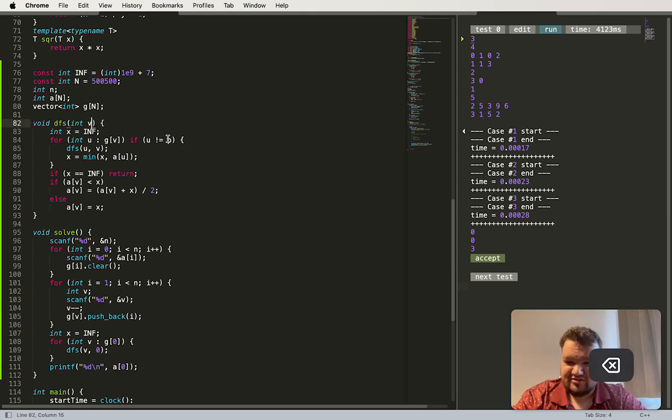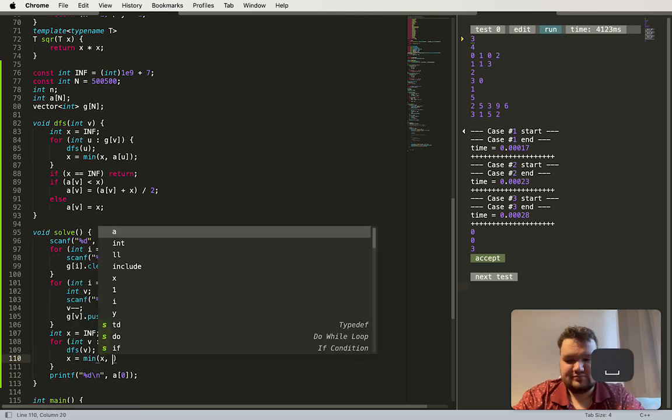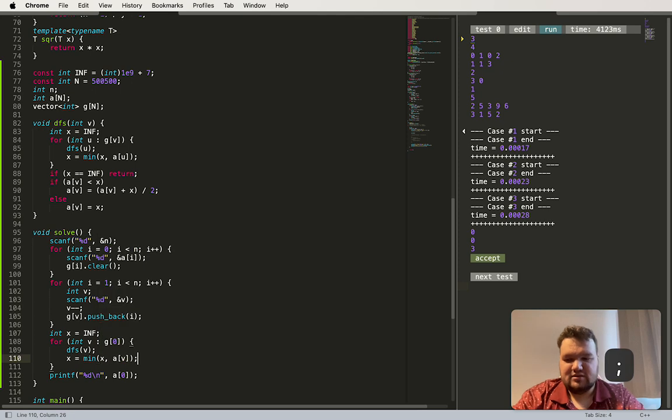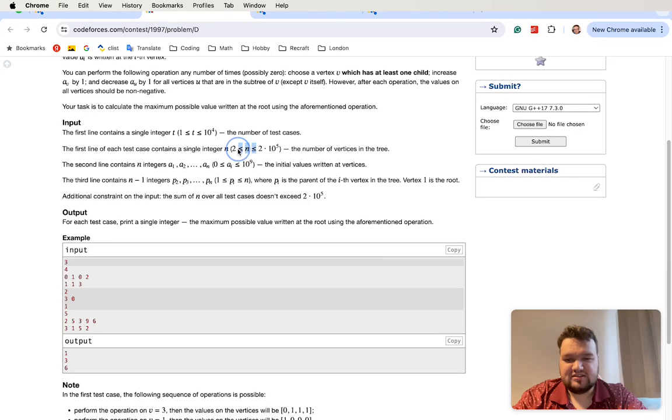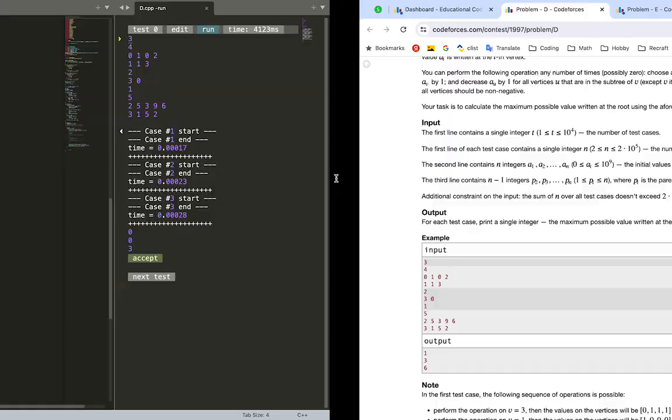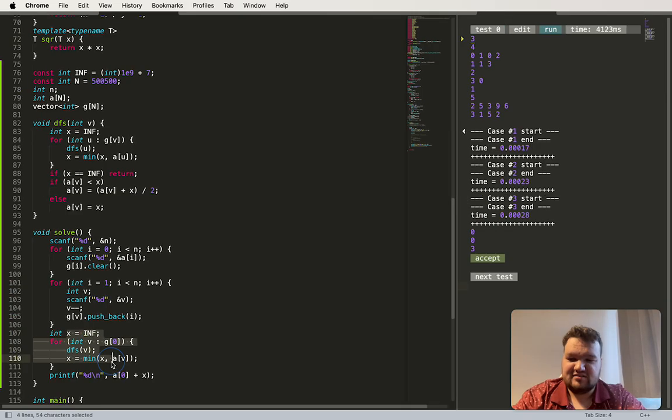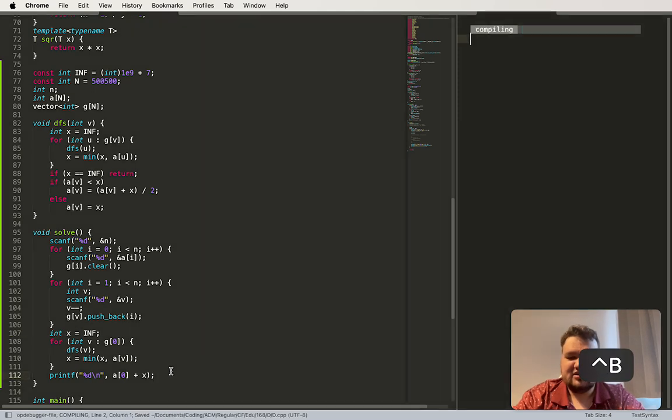I have a directed tree. N is at least 2, so it is guaranteed that there is at least one son of the root, so x will not be infinity here.